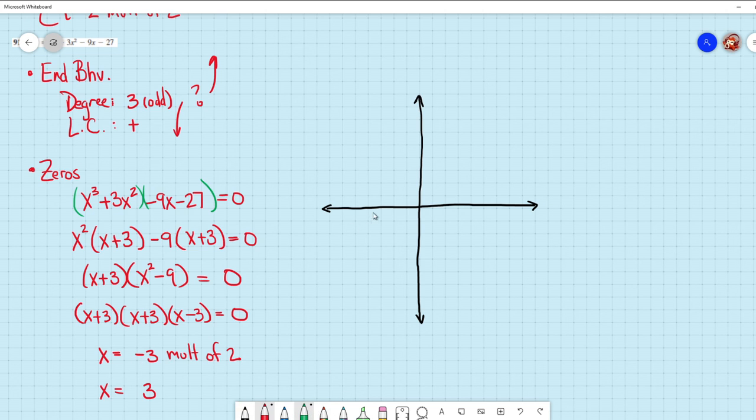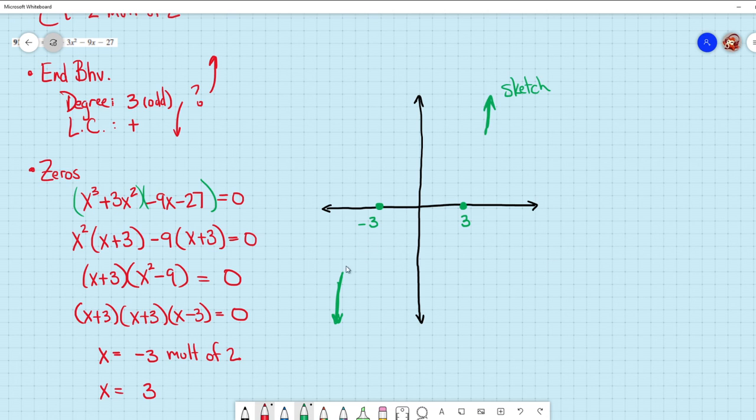So I have a 0 at -3, and then I have another 0 at +3, and I label them on my sketch. This is a sketch. Now for end behavior, I know that I'm going to start down here and I'm going to end up here.